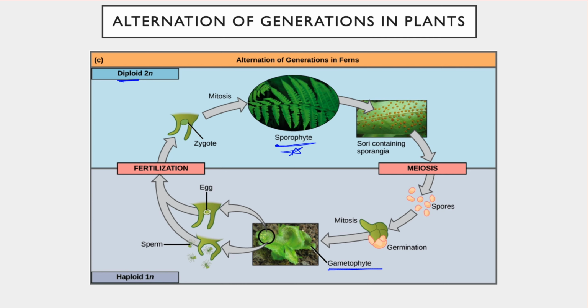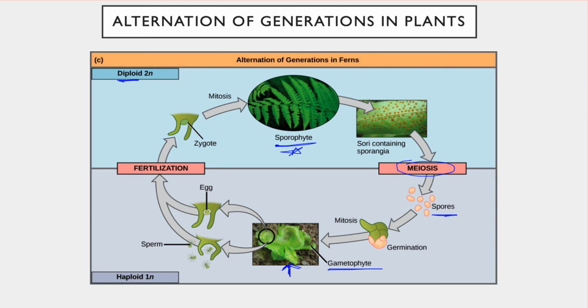haploid versions of cells. So on the bottom of the leaves of the fern, the leaves have these things called sporangia, and sporangia go through a process called meiosis again, and they produce spores. These spores are released. They can then go through mitosis and create an organism that looks like this in the picture in the bottom.